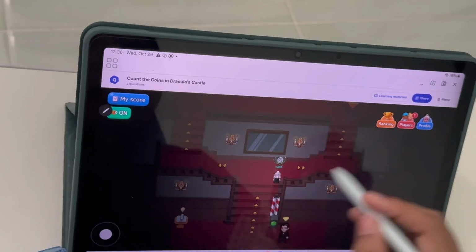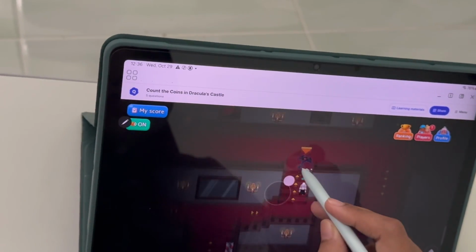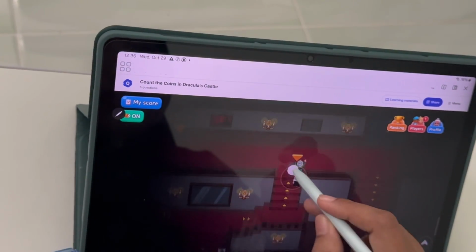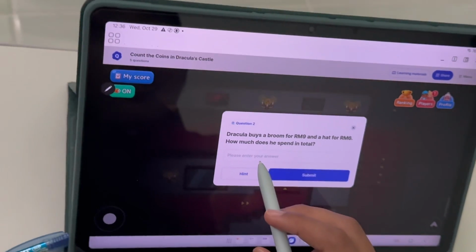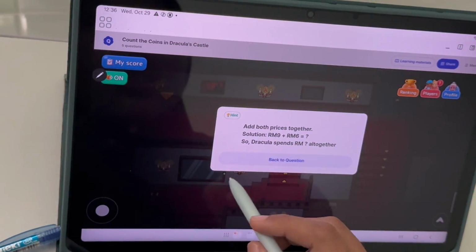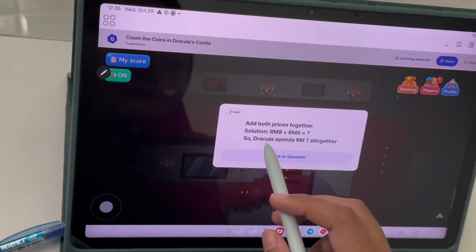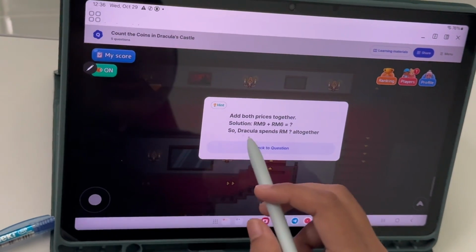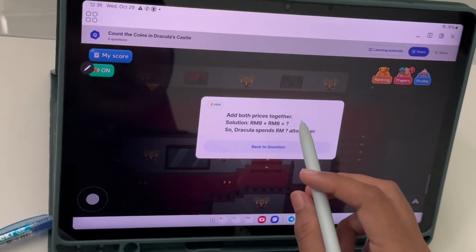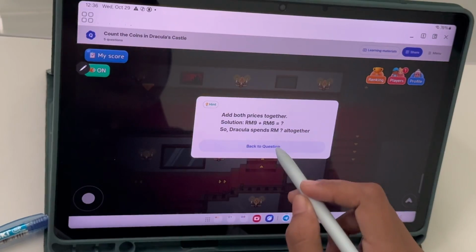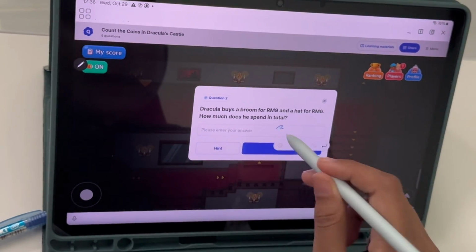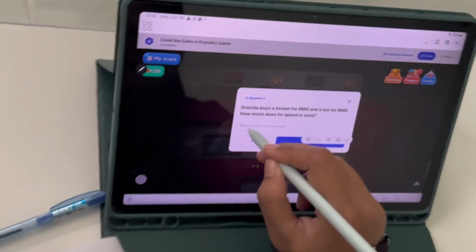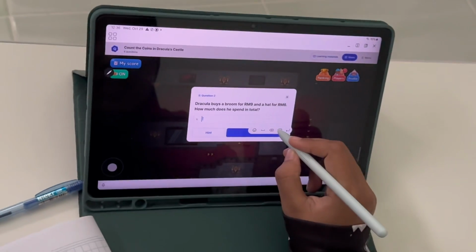So pupils then move around the castle and find the symbol to answer questions. Each question involves money operations below 30 ringgit Malaysia. If they don't know how to answer, they can press the hint button. But they must also write RM in their answer.